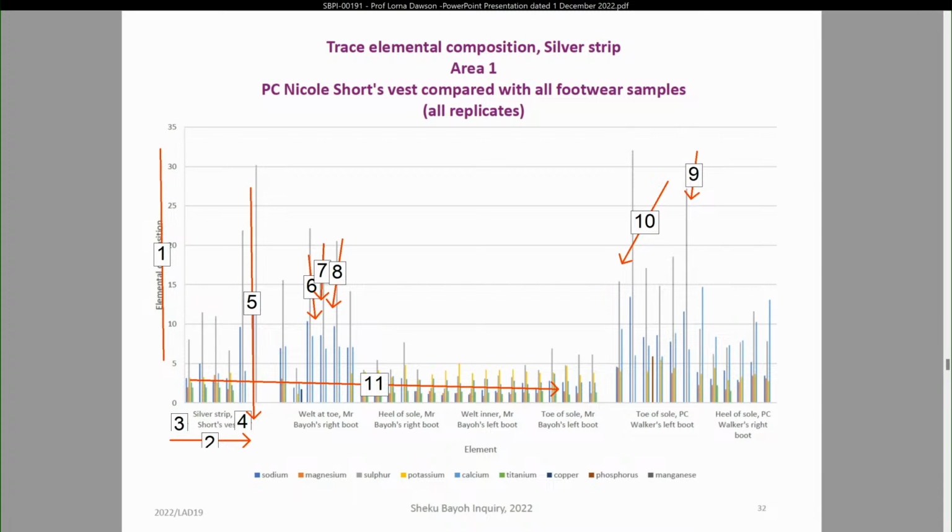Does that analysis stand after you take into account the visual characteristics as you viewed the soil samples under the microscope? Well, when we look at the morphological characteristics of that sample, the toe of the sole of PC Walker's left boot, it was much more restricted, it was more sorted. There were larger grains within that sample.